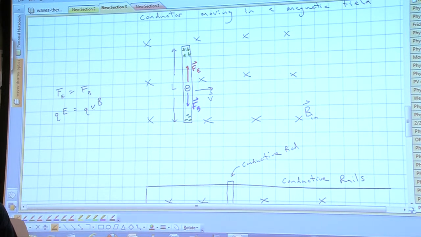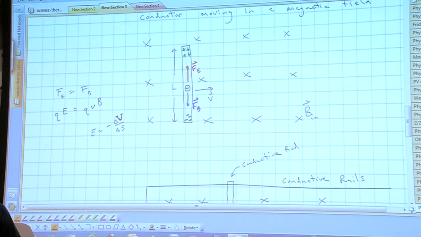And this little v is the velocity. And we can make this substitution. The electric field is the change in voltage over the distance, right? We use that. E equals minus delta V, where this is the voltage, capital V, over some distance, S or L or X.